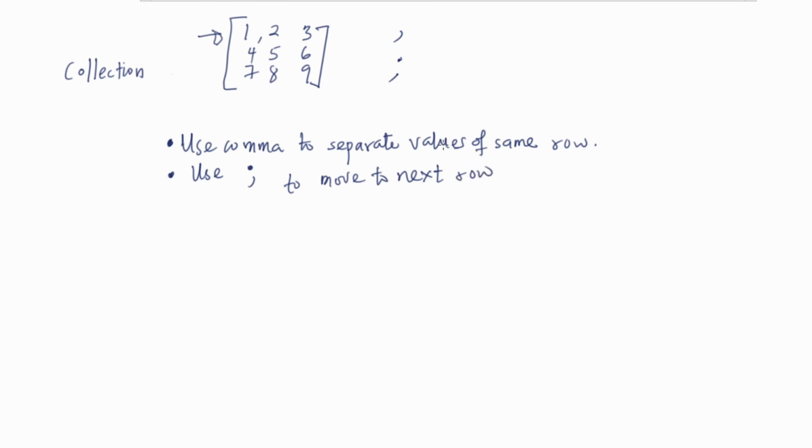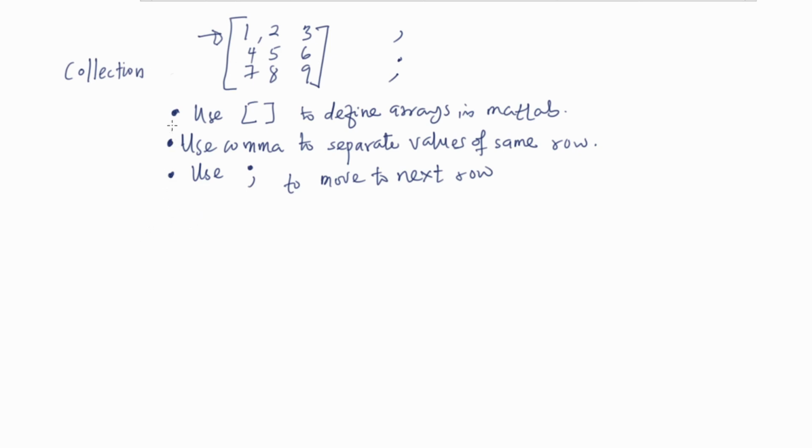Let me add a third thing. The first thing, obviously, is we use square brackets to define arrays in MATLAB. Now, you actually put the values that you want in the array inside the square brackets.